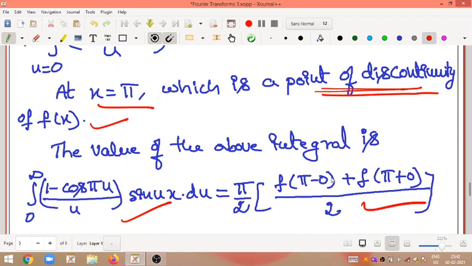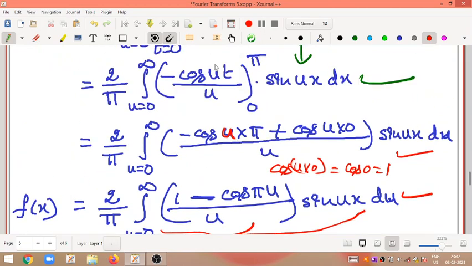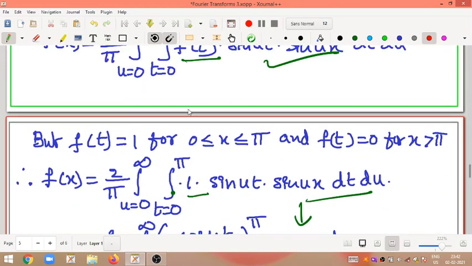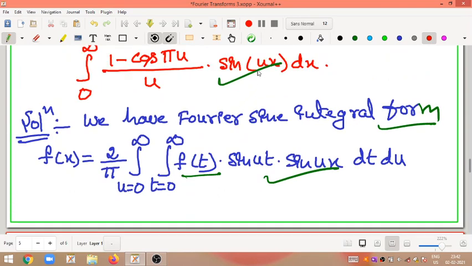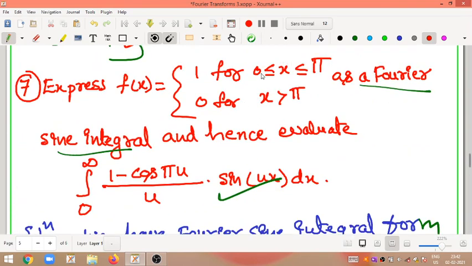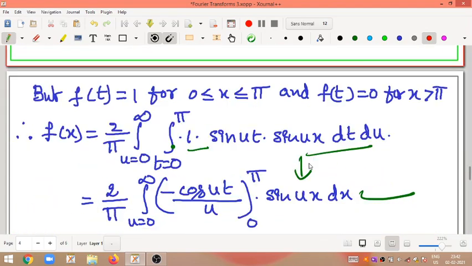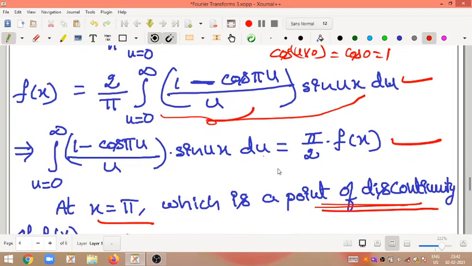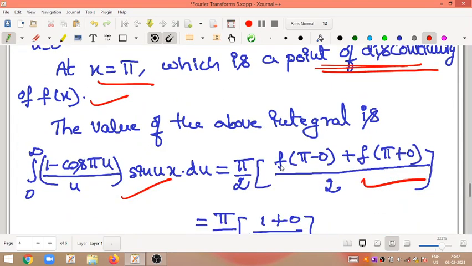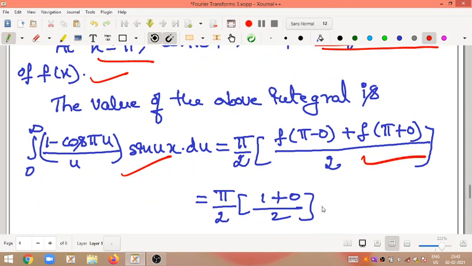So we all know π − 0. How much is there? See here, in this problem, between 0 and π the function is 1, and for x greater than π the function value is 0. So f(π − 0) becomes 1, and f(π + 0), that means x greater than π, is 0.